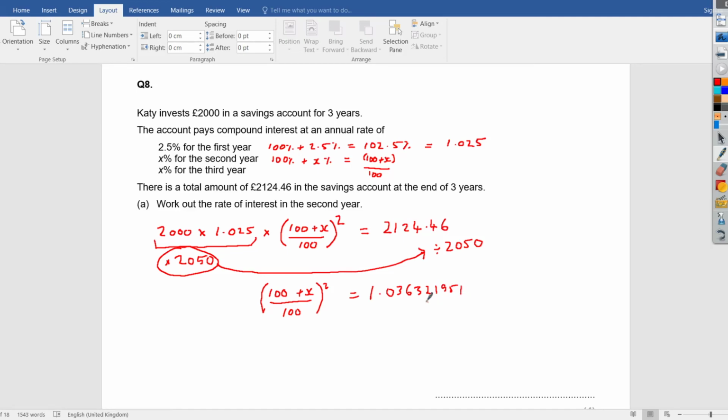1.036321951. We've got that in our calculator. The opposite of squaring is square root, so square root both sides.